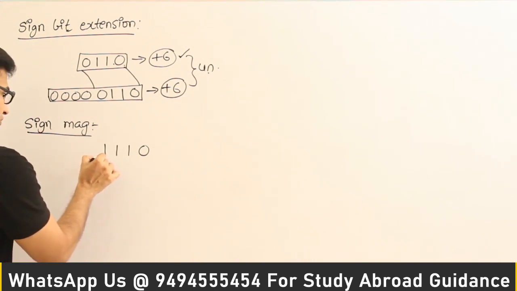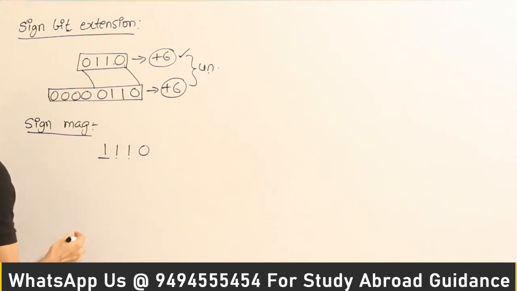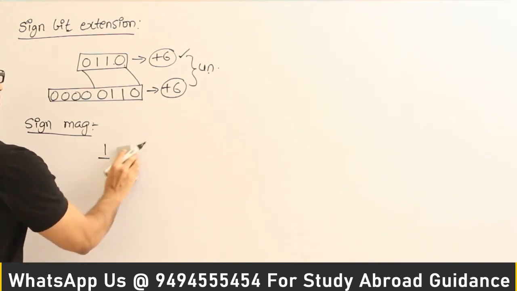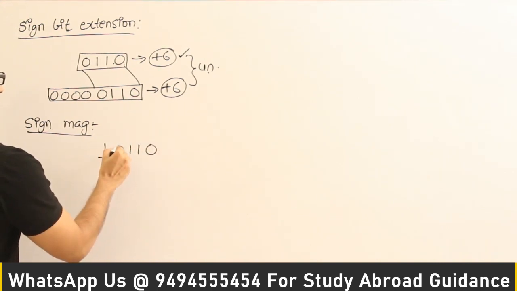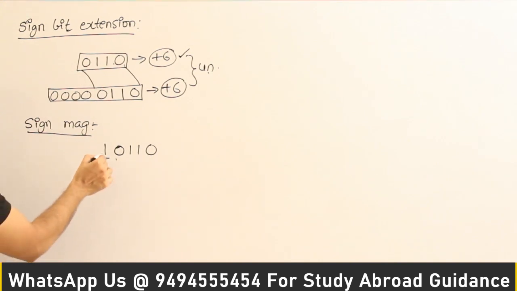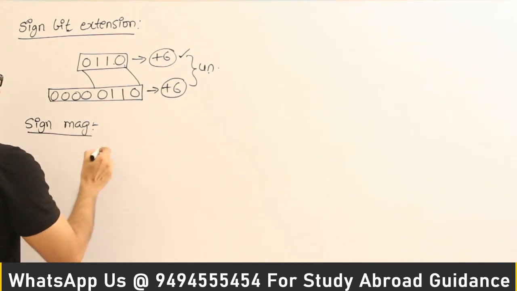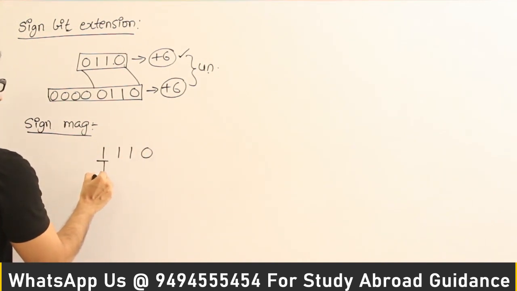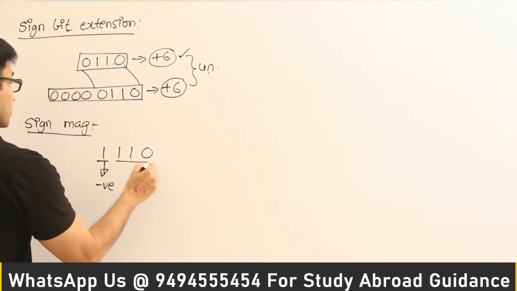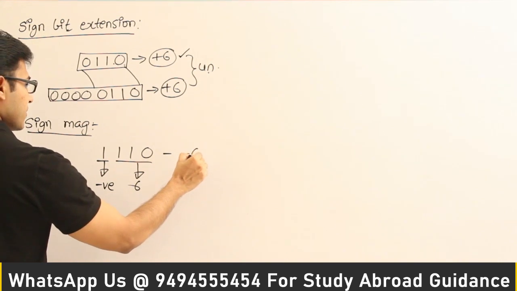The reason is this 1 indicates that it is negative, and then 1 1 0 is the magnitude. This one represents negative and the magnitude represents 6, isn't it? Therefore this entire number represents minus 6.